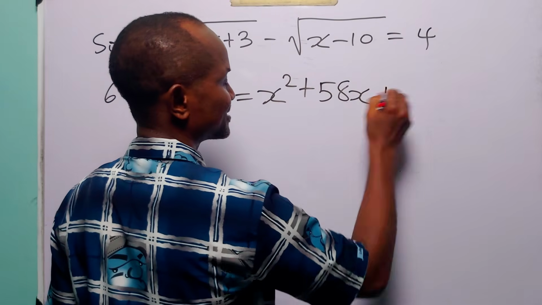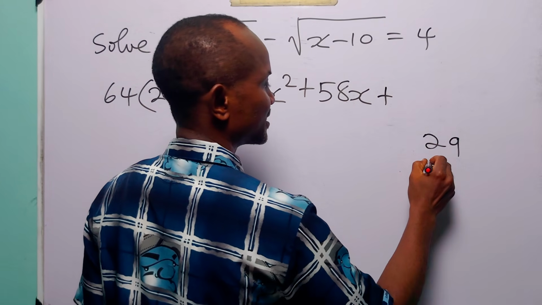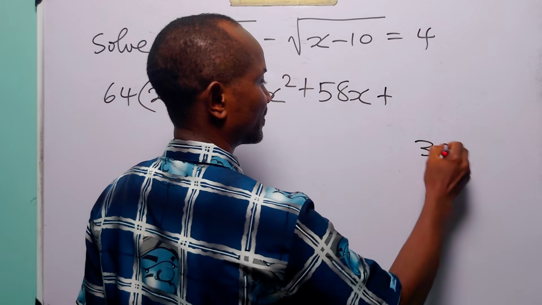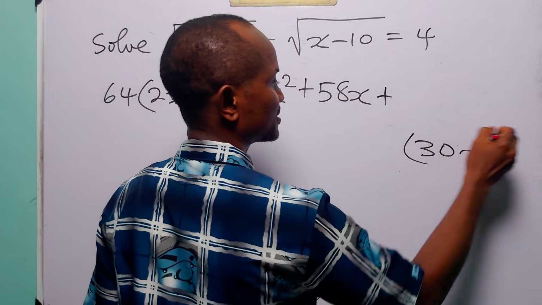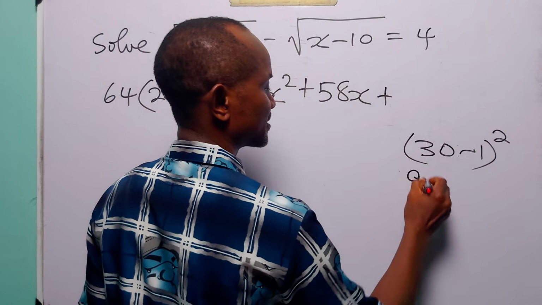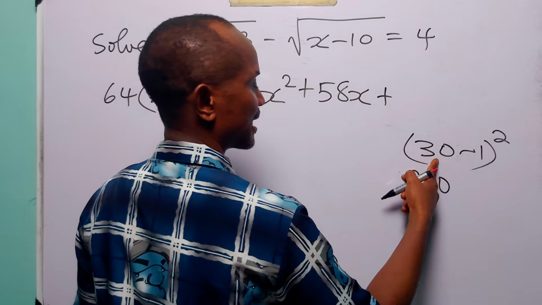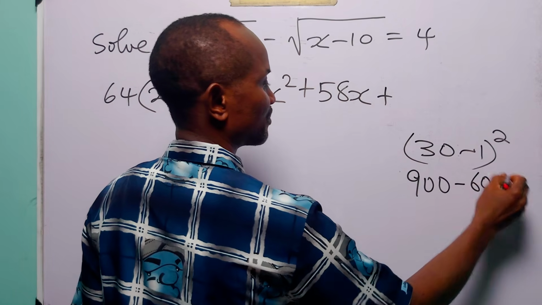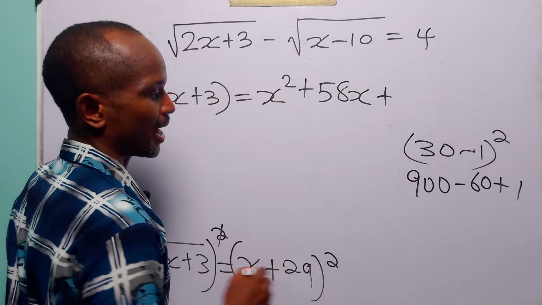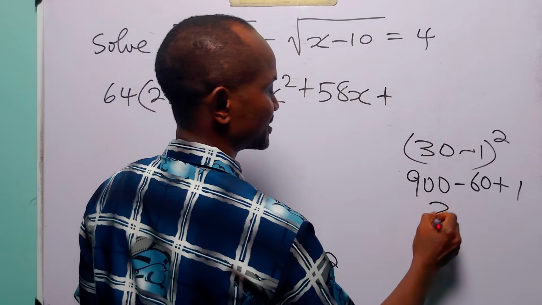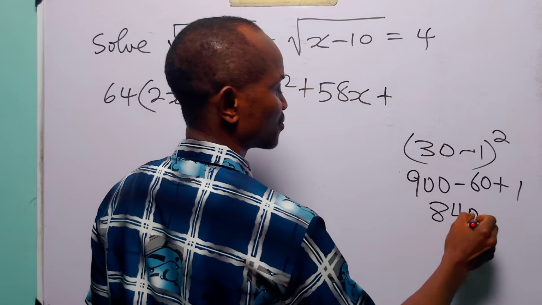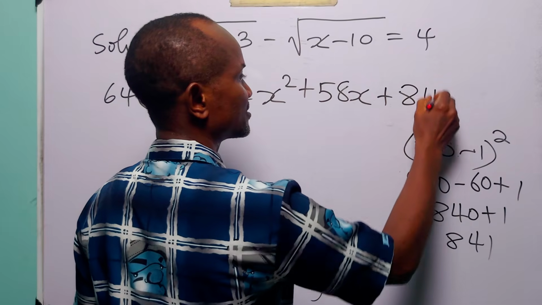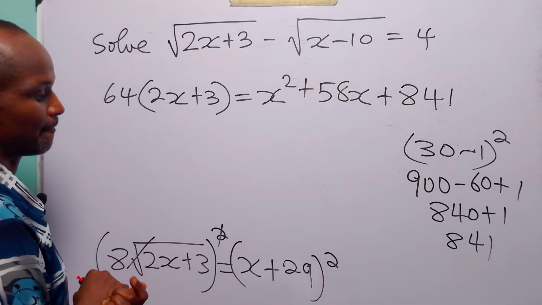Plus 29 squared. 29 squared is 30 minus 1 squared. 30 squared is 900. 2 times 30 times minus 1, that is minus 60, plus 1 squared, which is 1. 900 minus 60 is 840 plus 1. This is 841. So here we have 841.